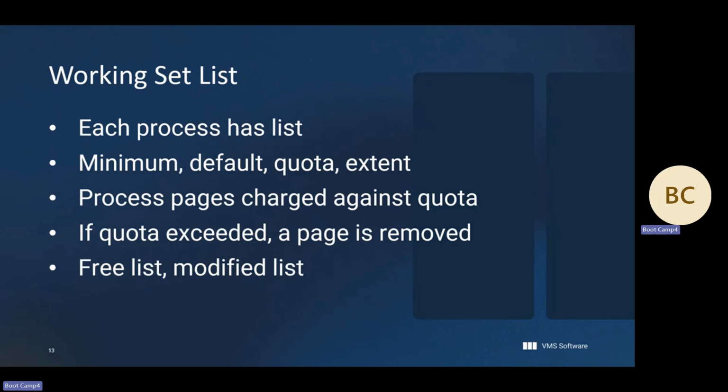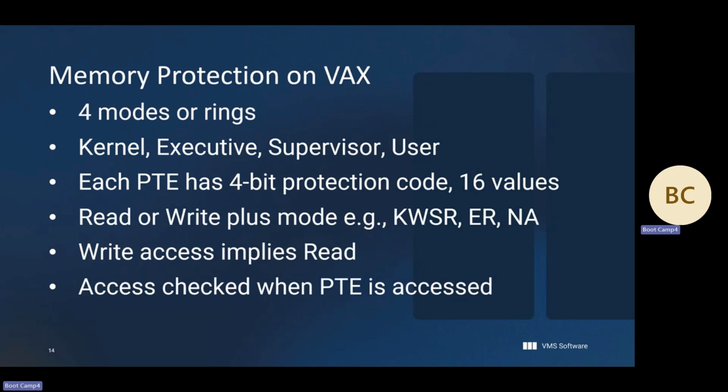So if you manage to fault it again before it's left, it's either on the free list, which means it's still in memory but is unmodified, or it's on the modified list, which means it's been touched since it was last written out. So we need to keep track of that. And before we can get rid of it entirely, we need to write it out to backing store. All of this was there from the get-go.